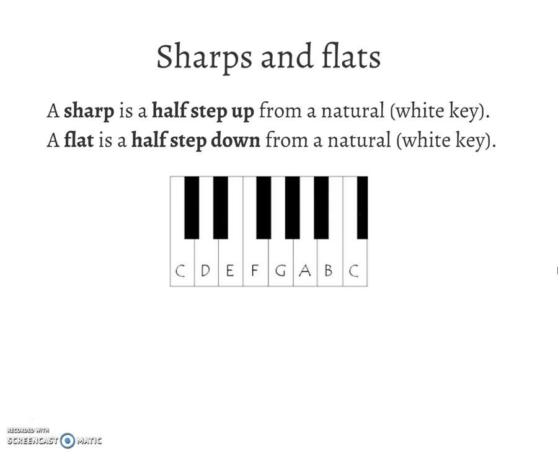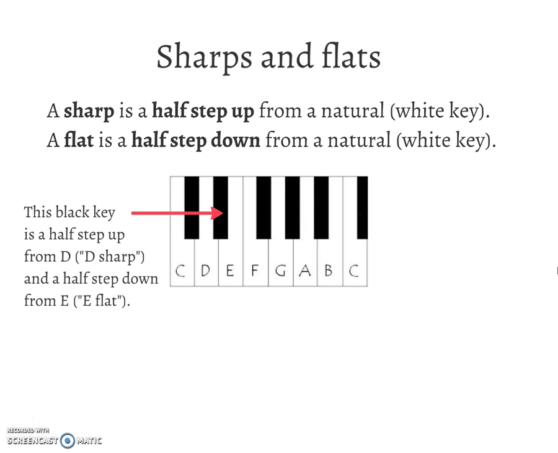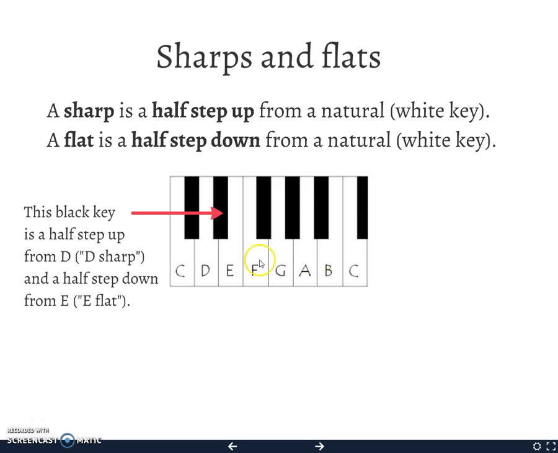A sharp is a half step up from a natural, and when we're looking at the keyboard, a natural is a white key, and a flat is a half step down from a natural. This black key is a half step up from D, so we would call it D sharp. If we're on D, the next possible thing that we run into as we go up is this black key.